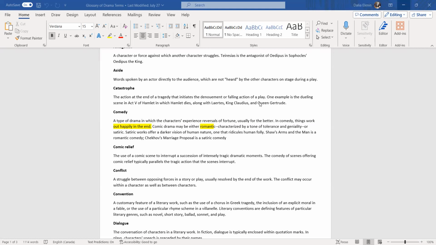It's the falling action towards the end of the play. For example, the dueling scene of Act 5 of Hamlet, in which Hamlet dies along with Laertes, King Claudius, and Queen Gertrude. I don't know if you read, yeah, you haven't read anything about Shakespeare.